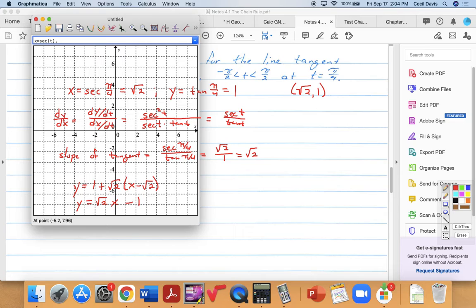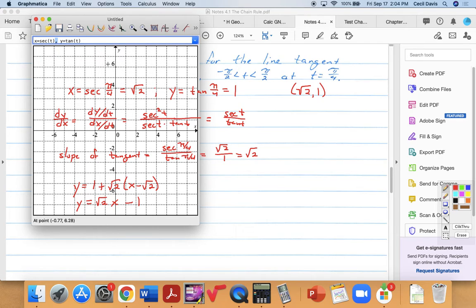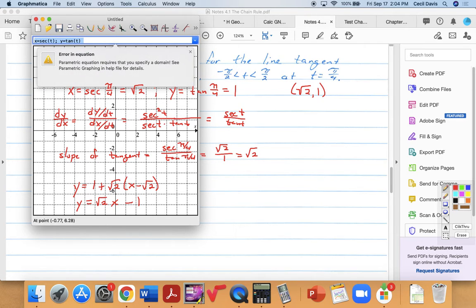I can never remember the specifics of how you have to do it. Y is equal to tangent of t. And let's see if it'll do it. Bad operator. It requires that you specify a domain. Okay, I'm getting closer. I can never remember if they accept square parentheses or not.